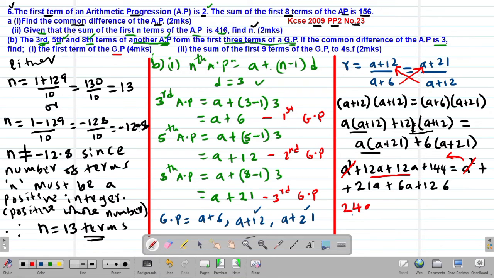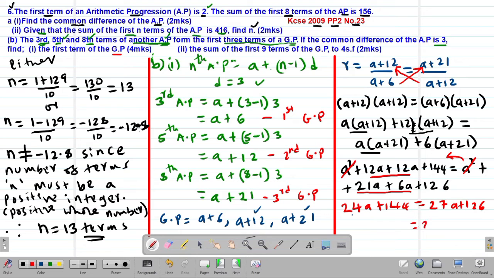So I'll have 24A plus 144 being equal to, on the right hand side, I'm having 21A plus 6A, which will give me 21 plus 6, I'm going to get positive 27. So this will give me 27A, then plus 126.